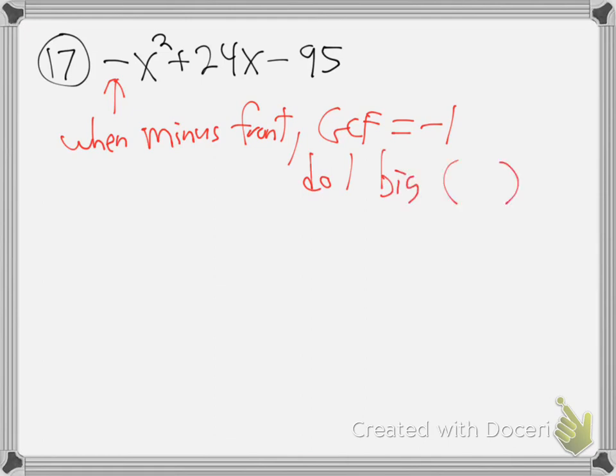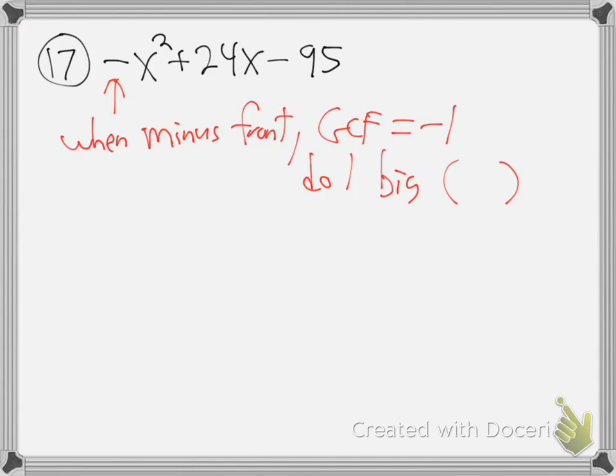Is that making sense? You don't want to leave that minus on the front. Why? It just makes signs hard and things weird. So just get it out of there by taking out a GCF of negative 1. We'll do this a lot. This will be important. Any little detail you miss at this point is going to cause big problems when things get hard. Are you tracking with me?